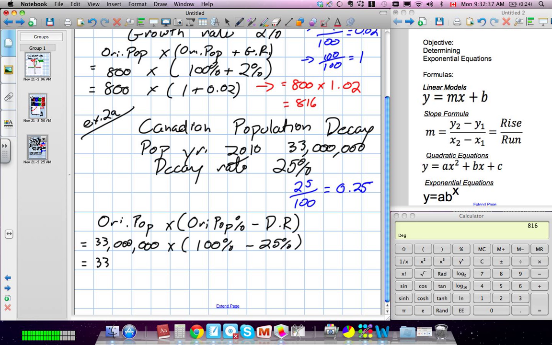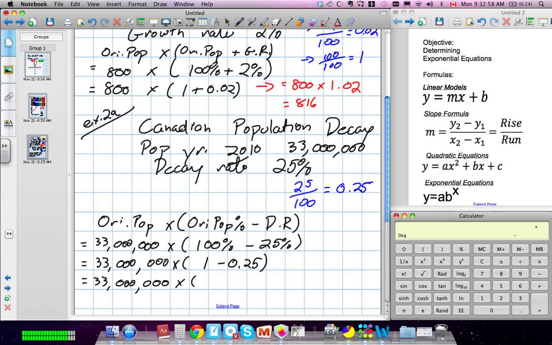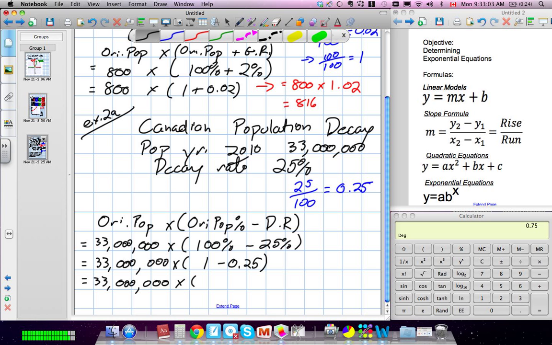Now I need to change them into decimals, so we have 33 million. We already know that 100% as a decimal is the number 1. What is 25% as a decimal? 0.25. So we end up with 33 million times 1 subtract 0.25 will be 0.75.